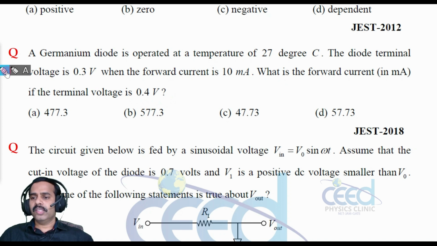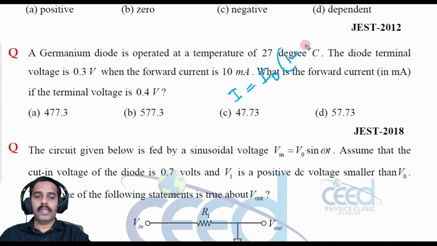We have already studied the expression for the diode current. That is, the forward current of the diode, I is equal to I0 into e raised to the forward voltage, Vd by eta Vt, minus 1.